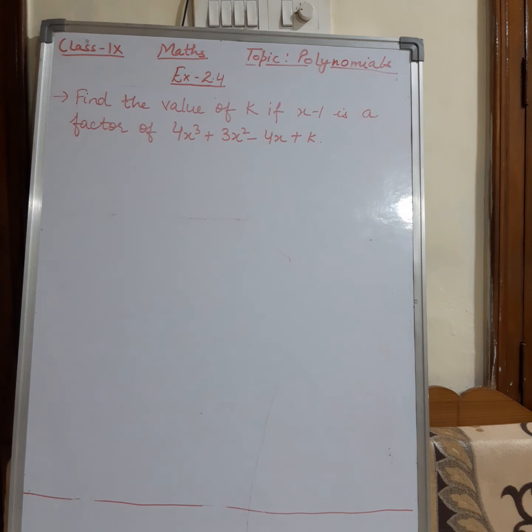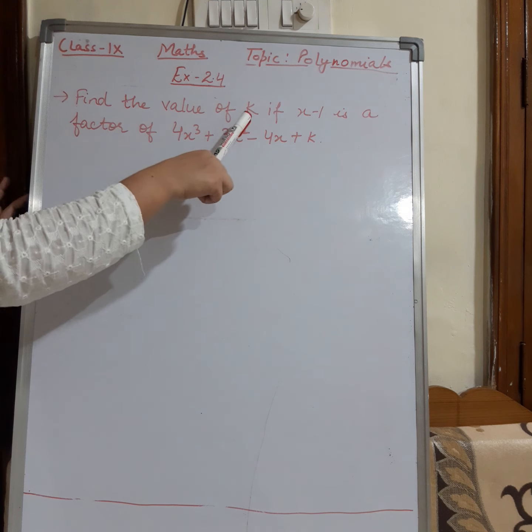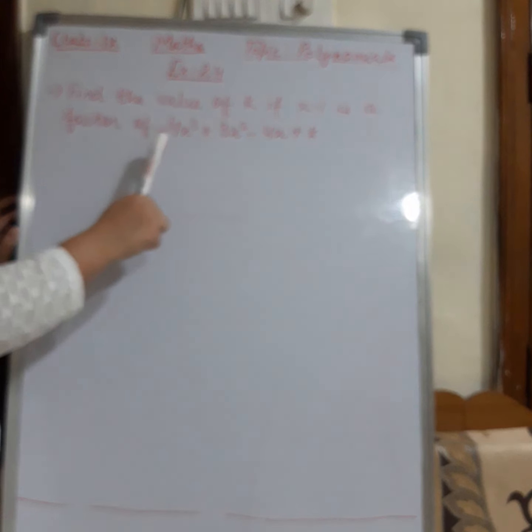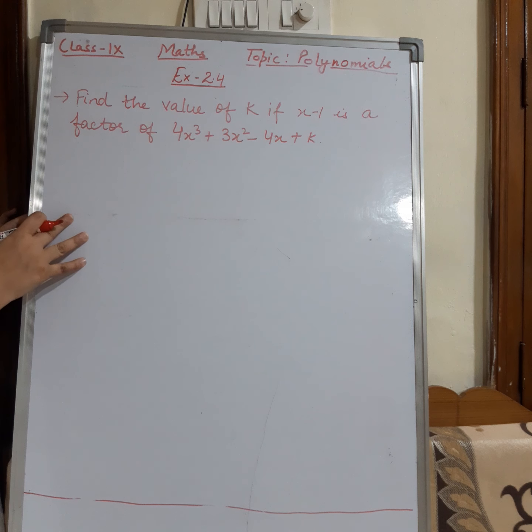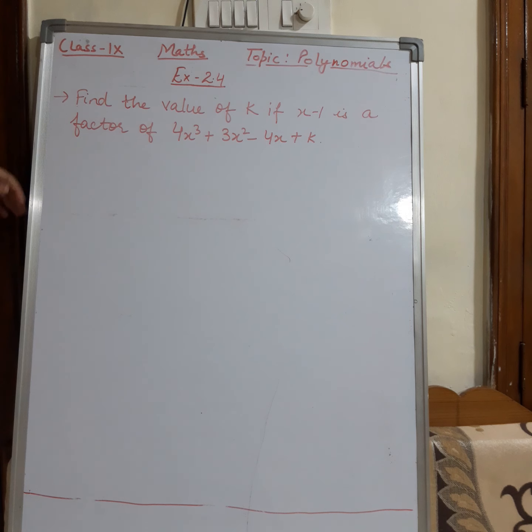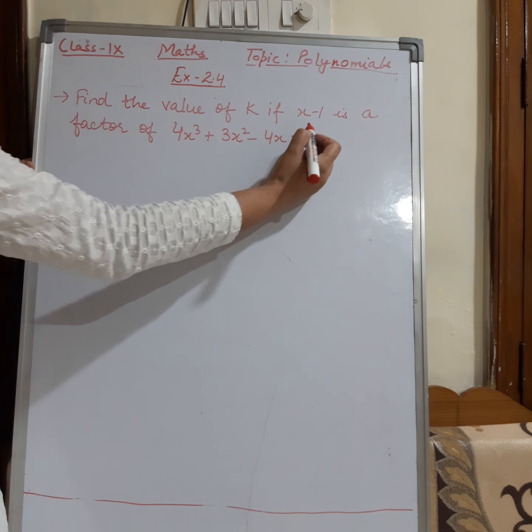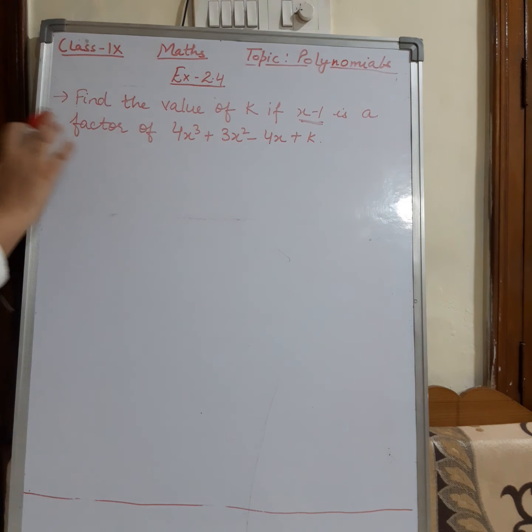Next example is find the value of k if x minus 1 is a factor. Very important type of example. Generally it is asked in exam. Now I am saying that x minus 1 is a factor. This thing is given in the question.